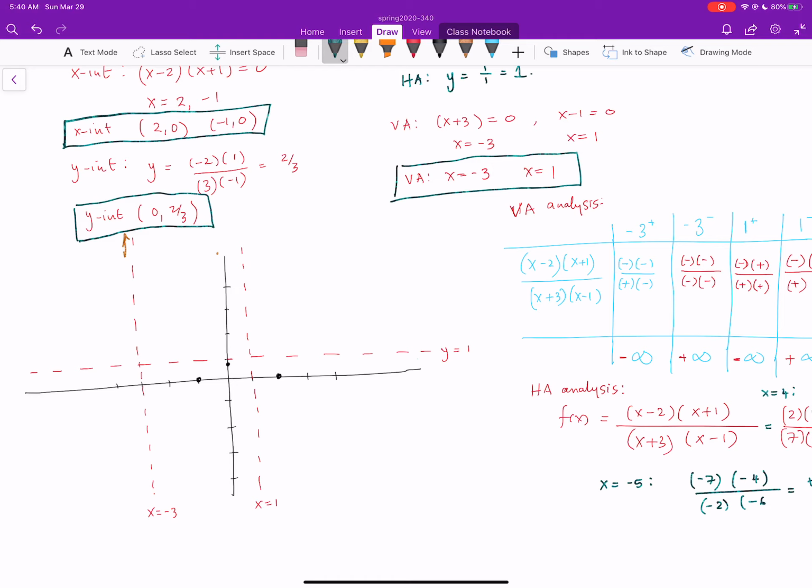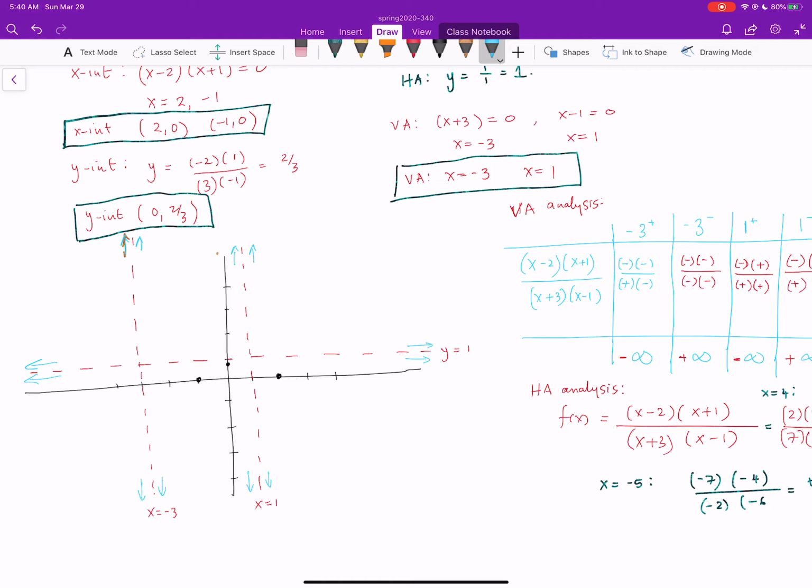The only thing we do not know is, for the horizontal asymptote, whether the graph is going to be below the line or above the line. And for each vertical asymptote, I'm not sure if it's going to positive infinity or negative infinity.